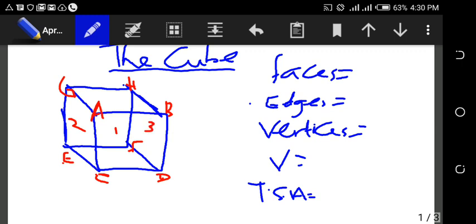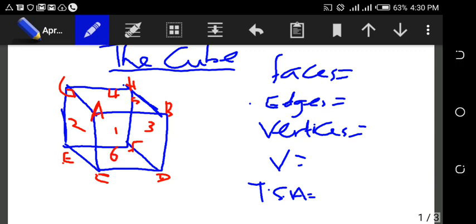We have the back side now, which is E, F, G, H as 4. Then let's label the top and the bottom. The top, that's A, B, G, H, that's 5. And then E, C, D, F as 6.